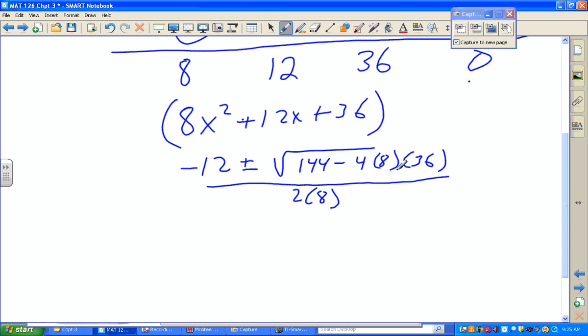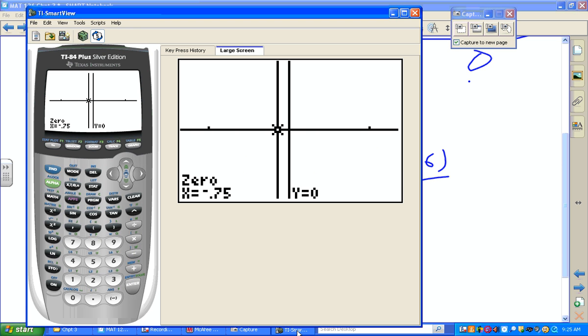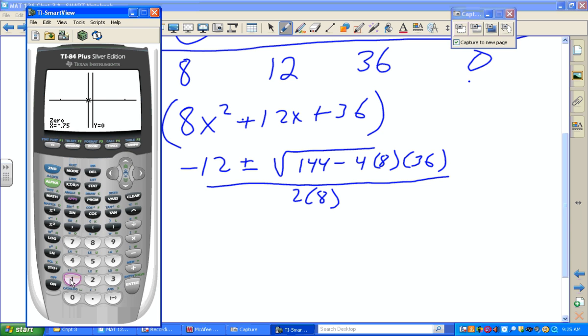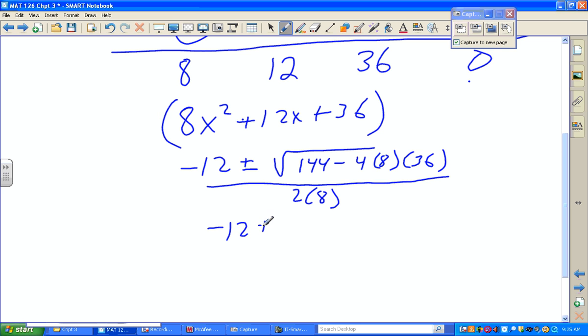Oh no, it's 144 minus 32 times 36. I've got all these windows open. Clear. 144 minus 4 times 8 times 36. Are they doing exact values, or are they doing decimals in the back?